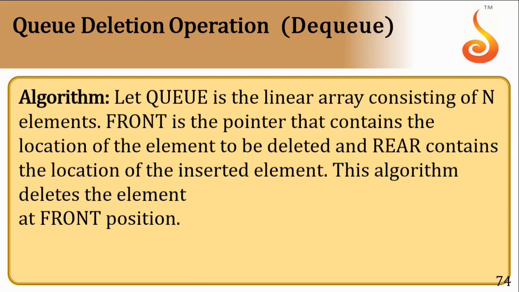The spaces vacated by deleted elements cannot be reused by new elements. Even if you have only one element at n minus 1 location, it will show queue full overflow, because you cannot add until you delete all the elements, reset the pointers front and rear to -1, and then start inserting again.